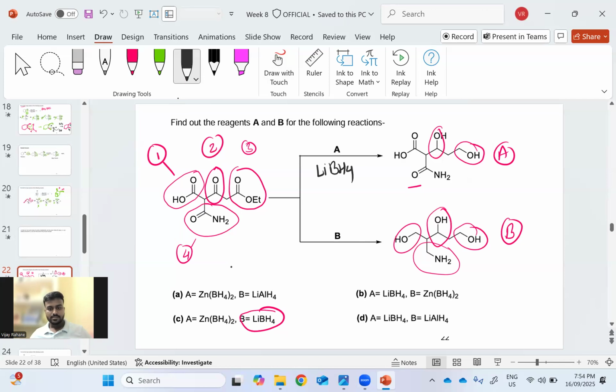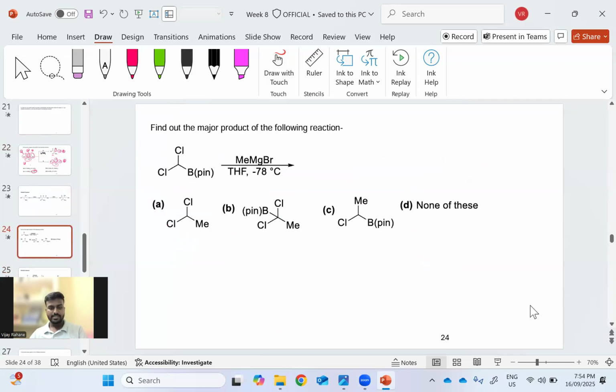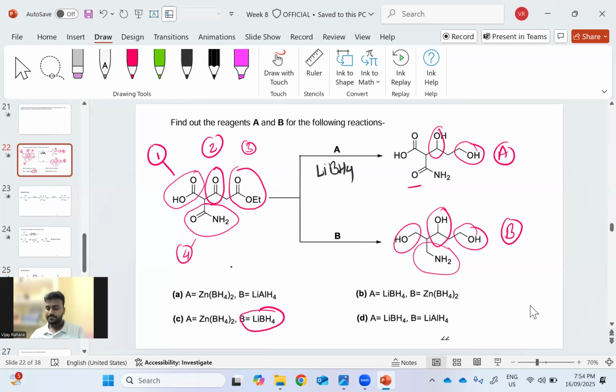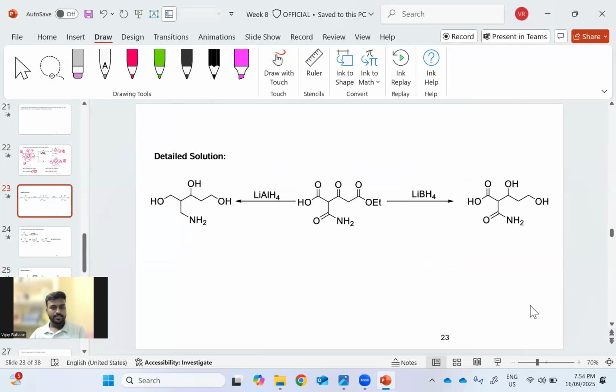So in this case you need to identify. So here in the answer you can see LiAlH4 reduces the ester group. Also, it has reduced the ketone group.